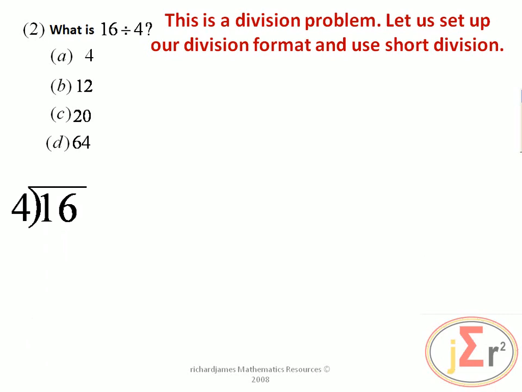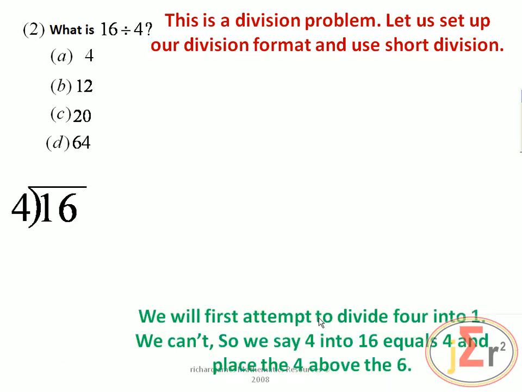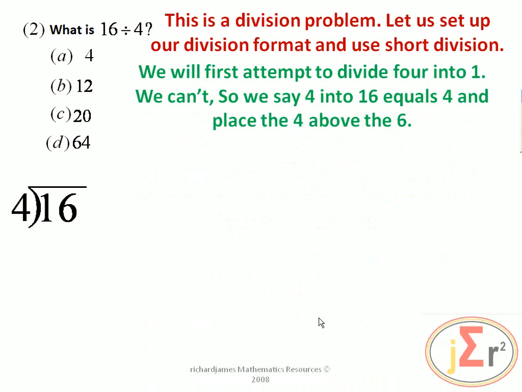What we have here is saying 16 divided by 4. We will first attempt to divide 4 into 1, because when we are dividing, we begin at the leftmost digit. So we will say 4 into 1.